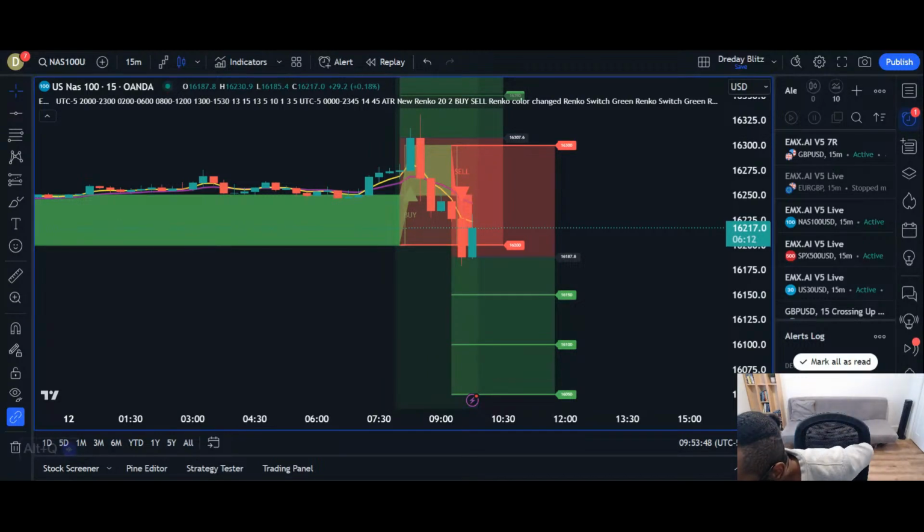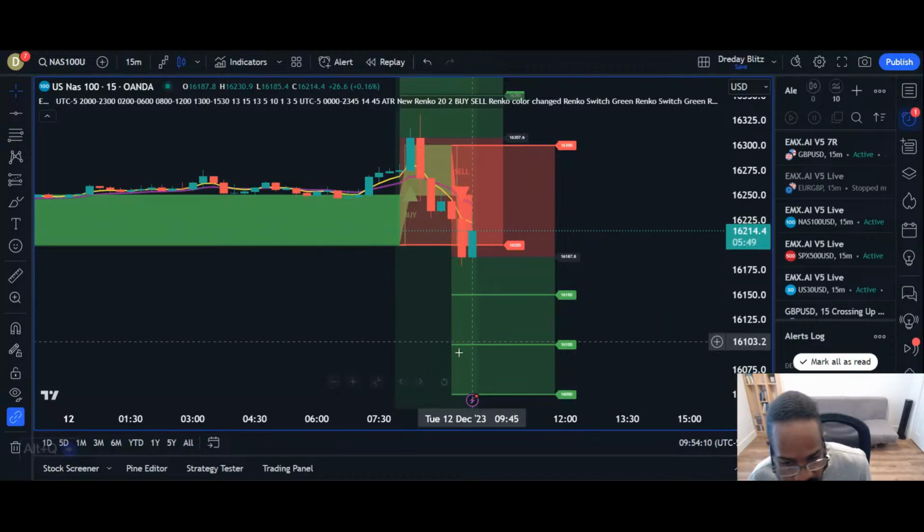According to bias, the sign was yesterday, but what have you got? Okay, UK 100 has two sell signals on the 15 minutes. Okay, so UK 100, that's perfect.